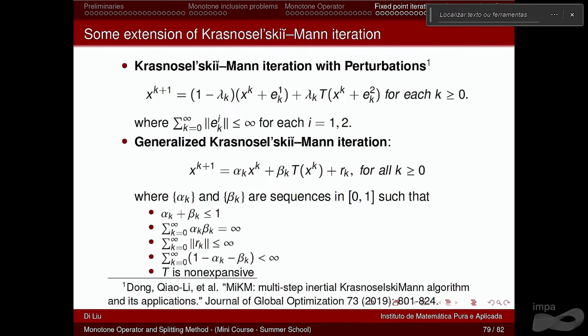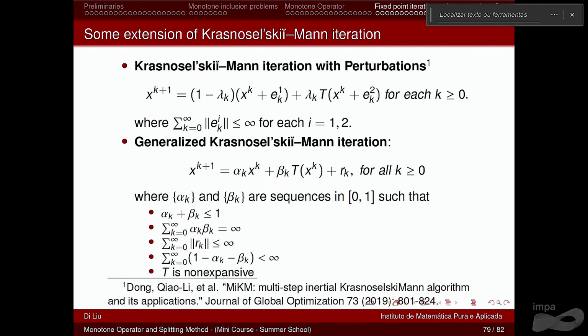For example, in convex optimization or variational inequality, okay? But we need some assumptions, like the sum of beta k times alpha k times beta k equals infinity, the residual is summable, okay? And the same about 1 minus alpha k minus beta k. And also T is non-expansive.